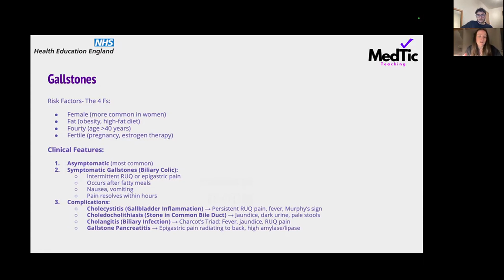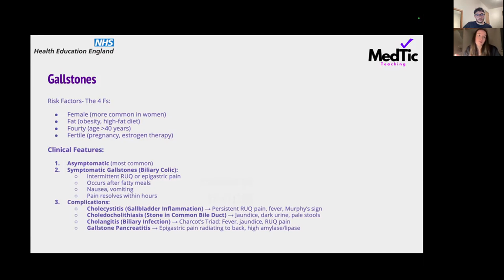Cholangitis as well, which is a biliary infection. You get Charcot's triad in cholangitis, which is quite high yield for final year exams. Charcot's triad is fever, jaundice, and right upper quadrant pain, and that's quite commonly tested.